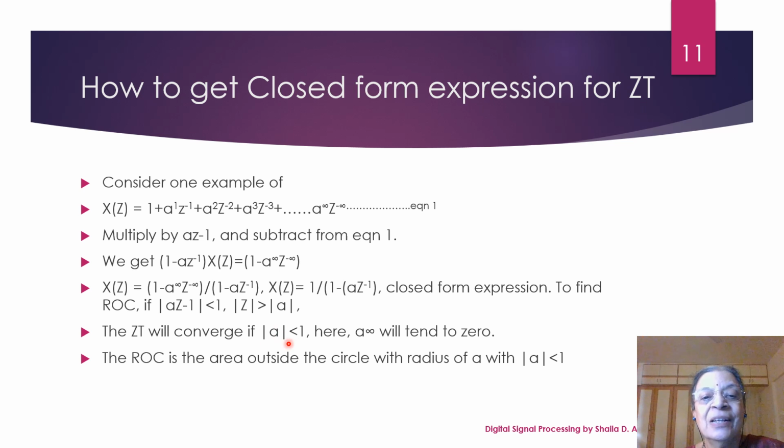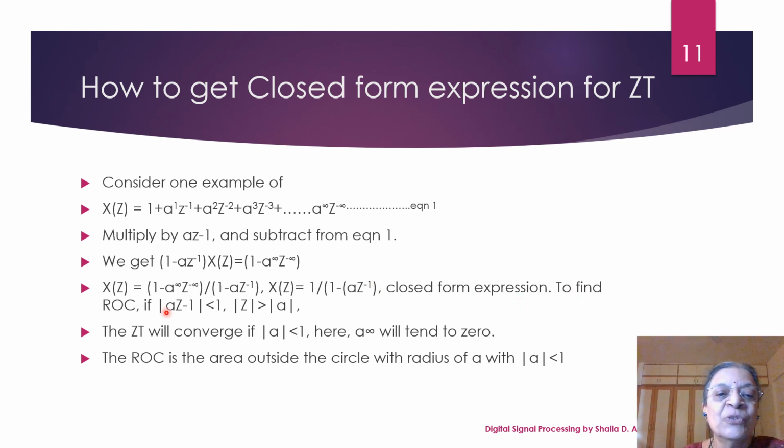In that case, a raised to infinity will tend to 0, and I can just write X(z) as equal to 1 divided by 1 minus a z inverse. Whatever this a z inverse is, it is written in the denominator inside this bracket, 1 minus the same term. This is what is called the closed form expression.